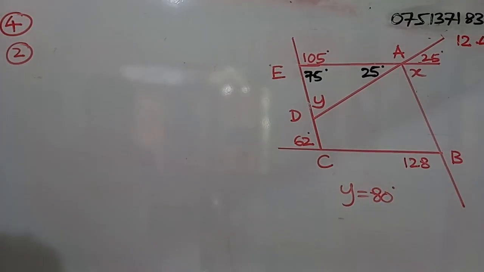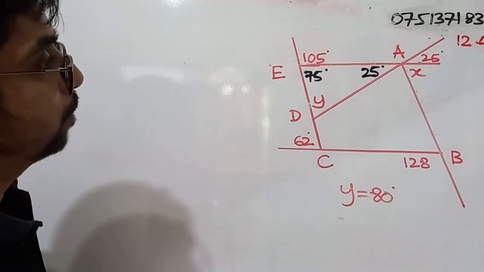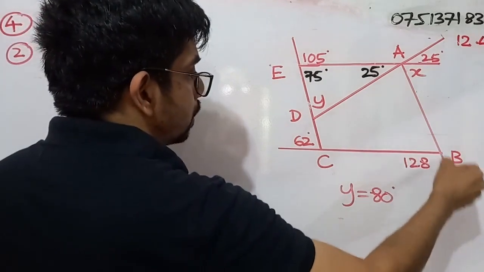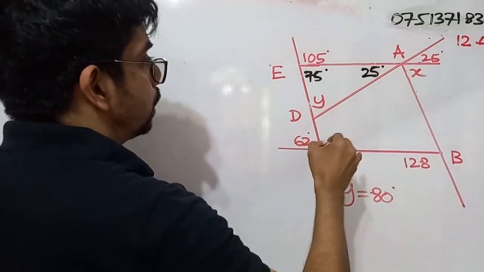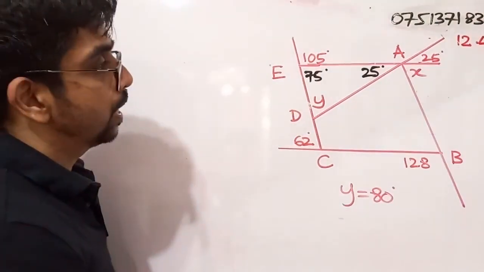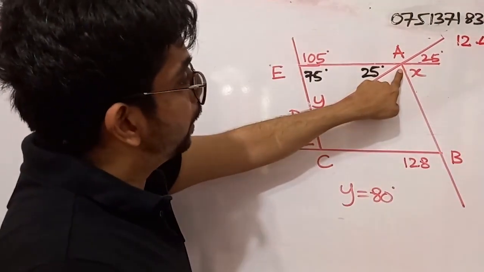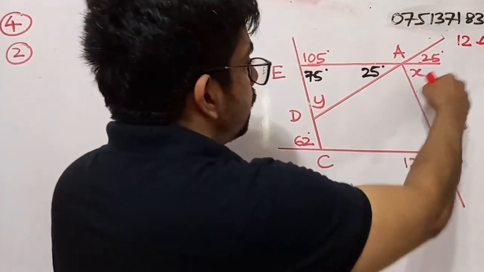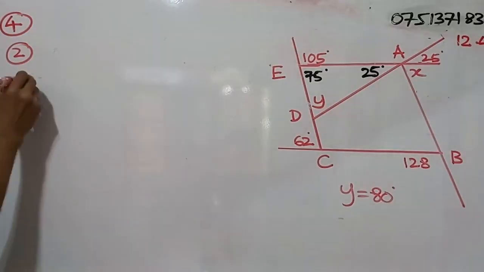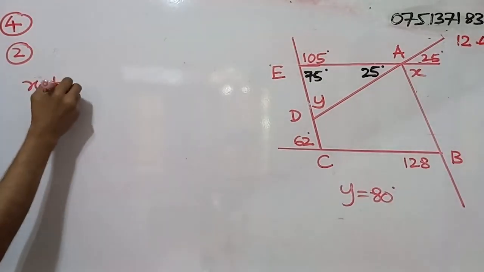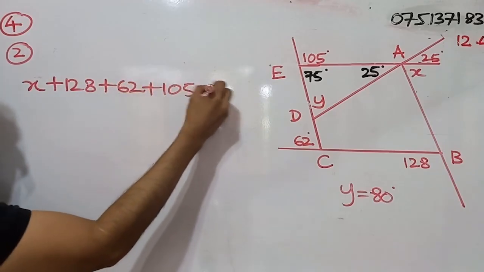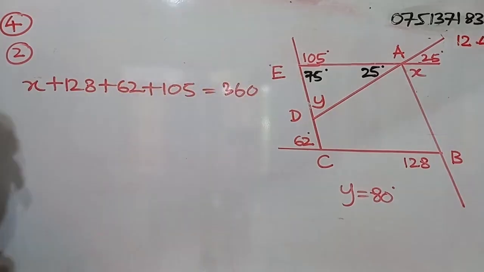So now we have to calculate the value of X. Okay. Think about these three angles, 128, 62 and 105. What are those? Those are external angles. If we think about the vertex capital A, this is the external angle, which is X. So we can write X plus 128 plus 62 plus 105, that is equal to 360.